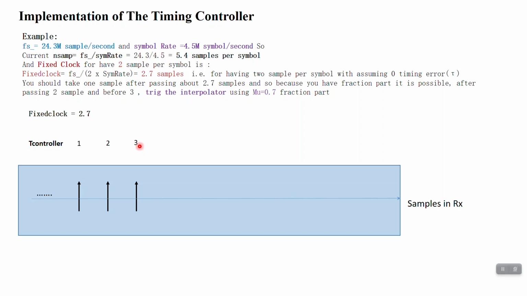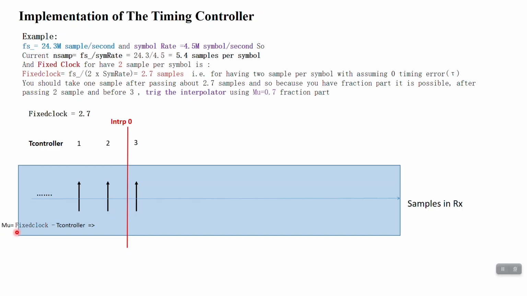So we go back a sample and use the T controller of the previous sample. I mean the value of T controller here is 2, and we use this T controller value to calculate the mu.